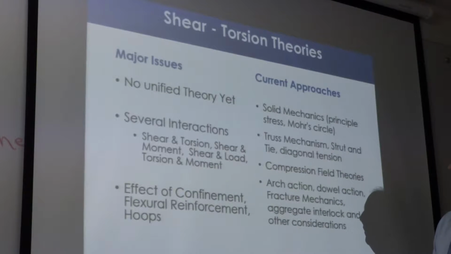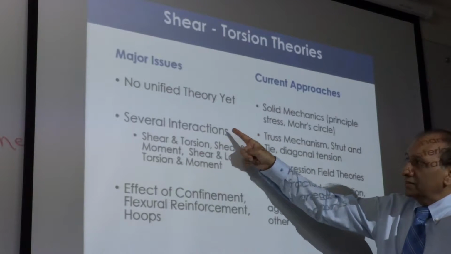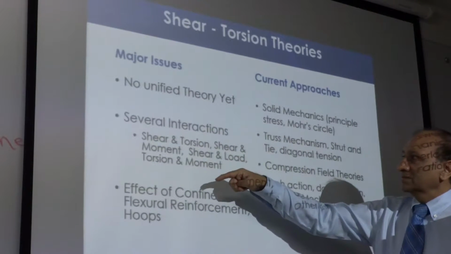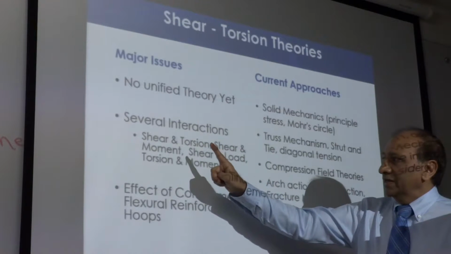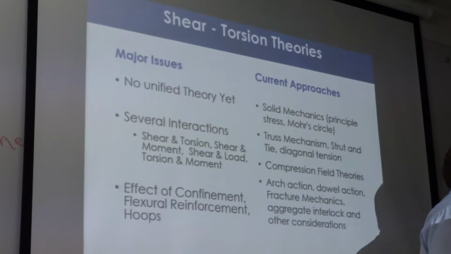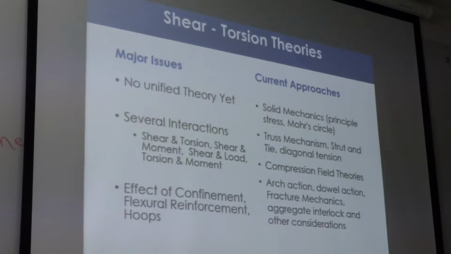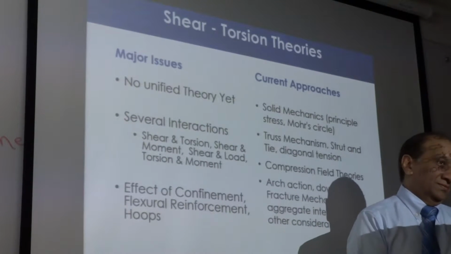So no unified theory yet, with several interactions: shear and torsion, shear and moment, shear and load, and torsion and moment. So many interactions going on there. There is an interesting interaction between shear and load.